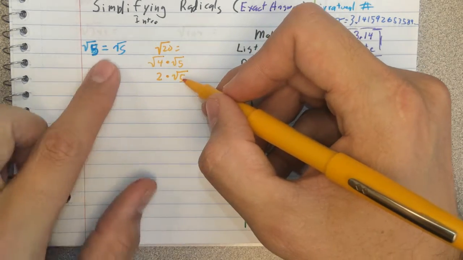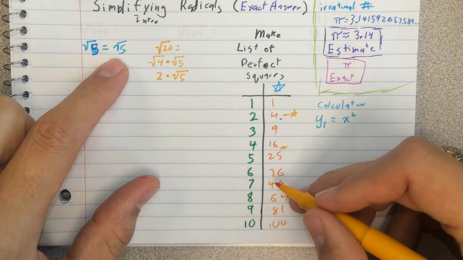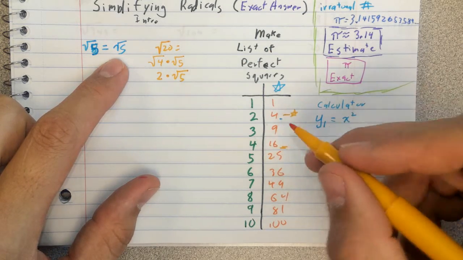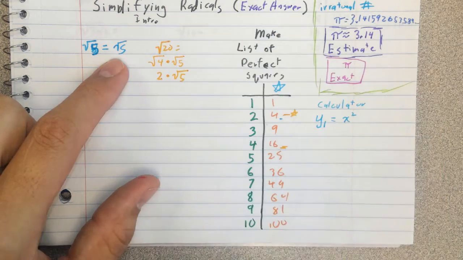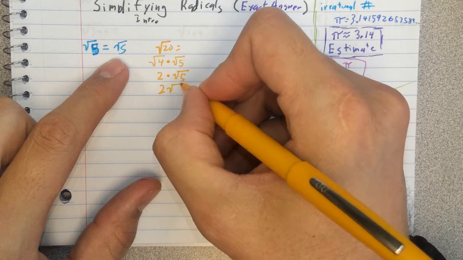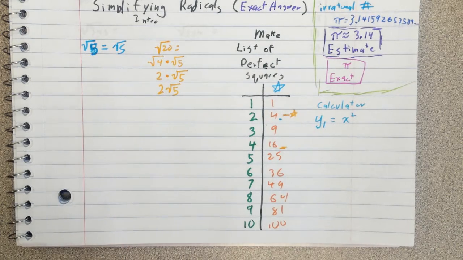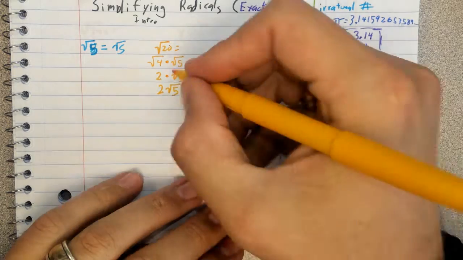And I know from my previous example, there's nothing I can do to 5. If you work from the largest number and go backwards, this number will always be as small as you can go. And I simply write that in proper form, 2 the square root of 5. That is the answer.